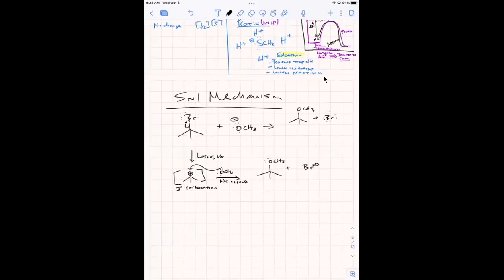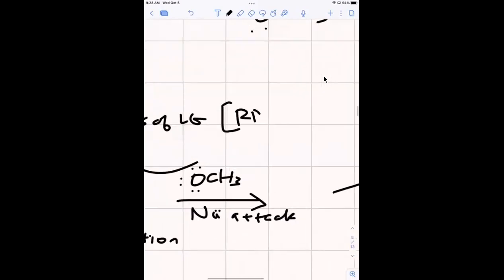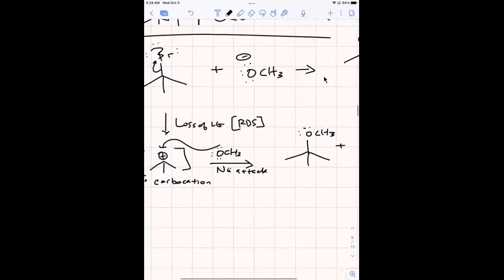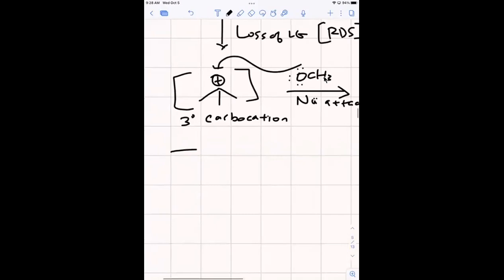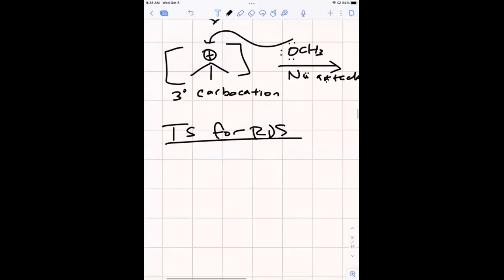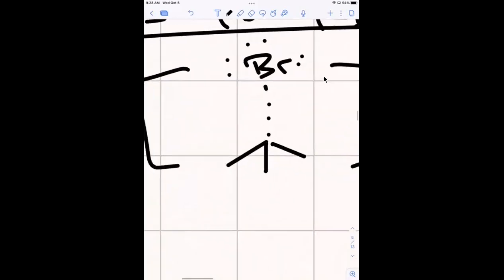The first is that the loss of leaving group is the rate determining step. So the transition state for the rate determining step just looks like this, where this is a partially broken bond between carbon and bromine.